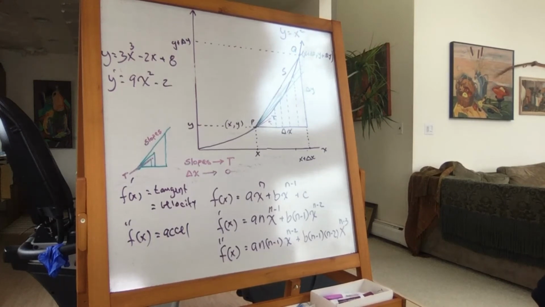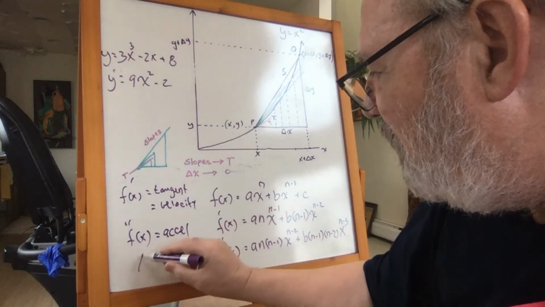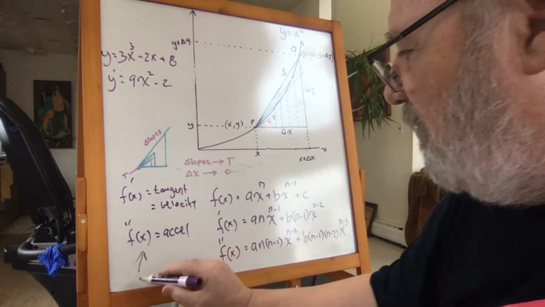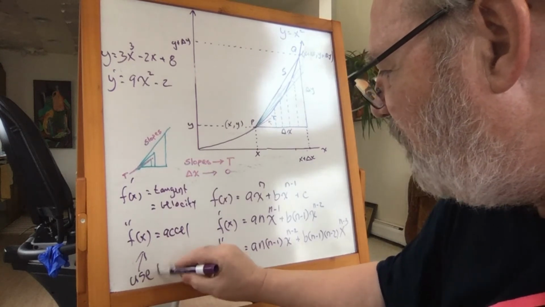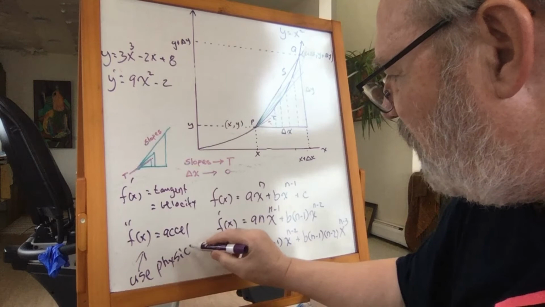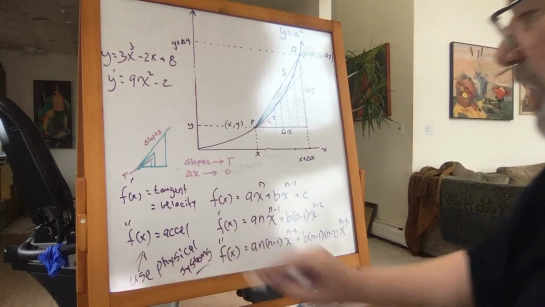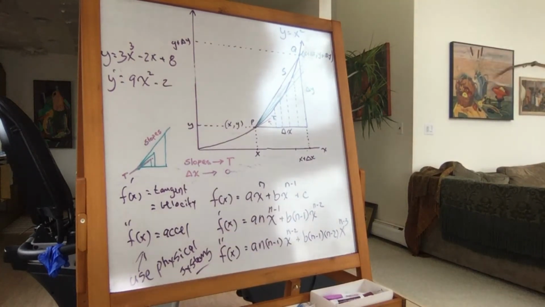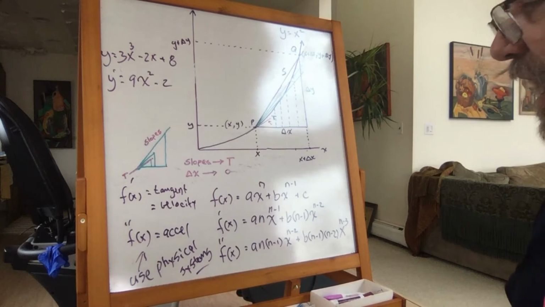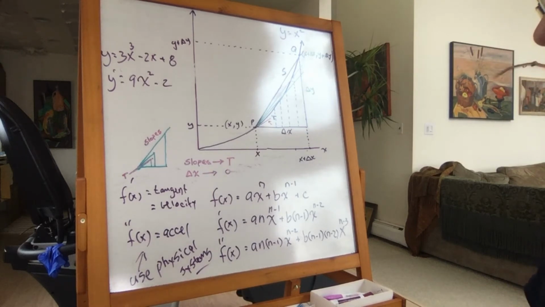So very useful concepts here for us, because now we can use these. This is actually phenomenal. We can use these for describing physical systems, because most physical systems are dynamic, they're moving, and we can use mathematics to express their distance, their velocity, and their acceleration.